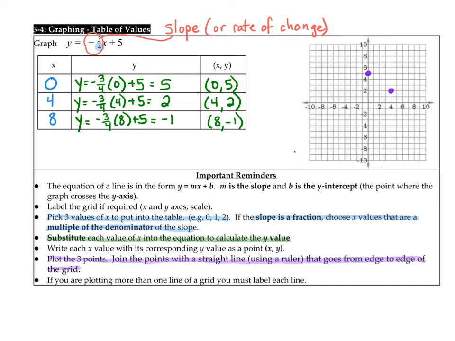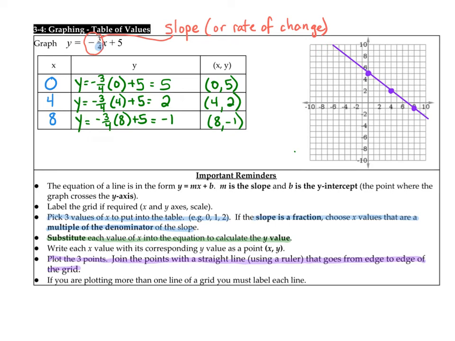And then 8, -1 is there. And then when you join these 3 points using a straight line with a ruler, and making sure it goes from edge to edge. So it has to go all the way to this edge and all the way to that edge.